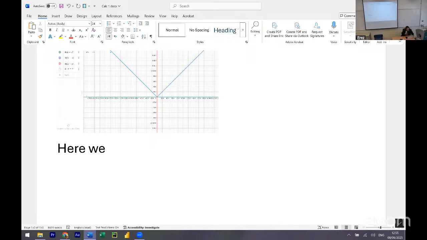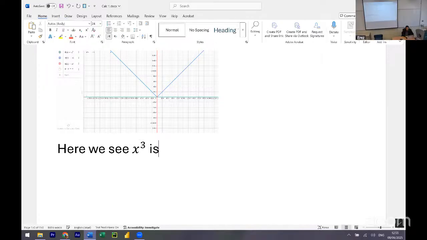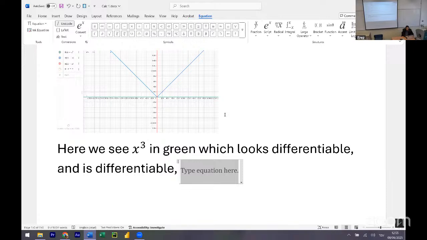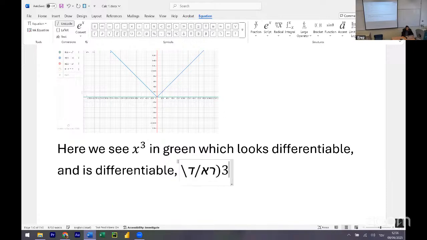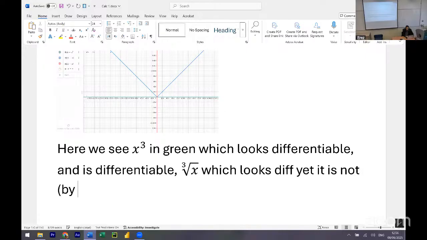I will show you in a bit what I mean, but here we see x cubed in green, which looks differentiable and is differentiable, and the cube root of x, the third root of x, which looks differentiable, yet it is not by the definition we will see.